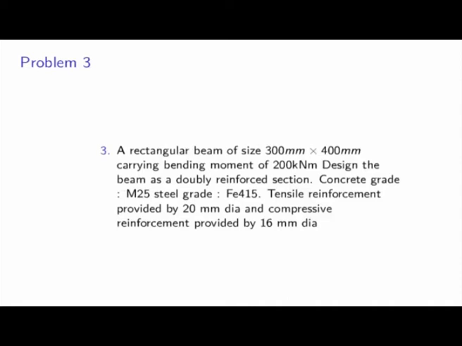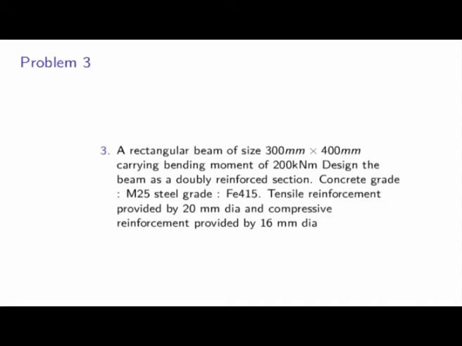Please note that I am always telling, suddenly out of the blue I am taking M25 Fe415. For a particular project, maybe a building, maybe a bridge, whatever the structure, there should be certain criteria in the very beginning itself that decide which grade of steel, which grade of concrete you are going to use, and what is the general layout. Those things are decided first.